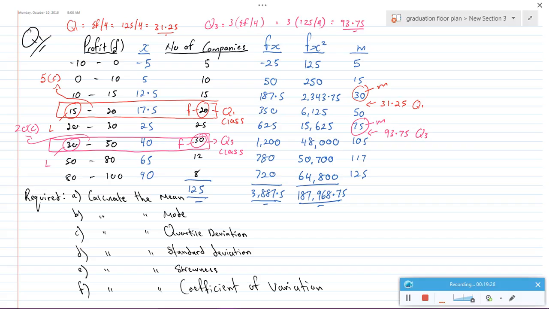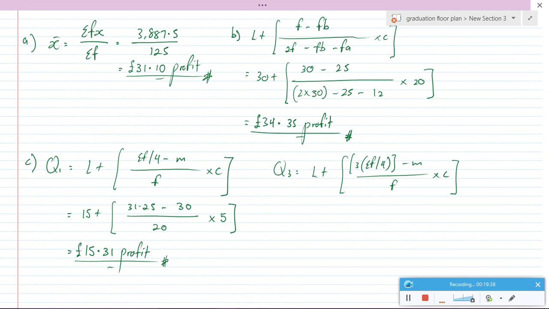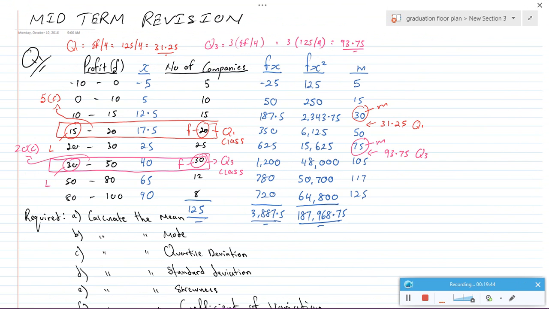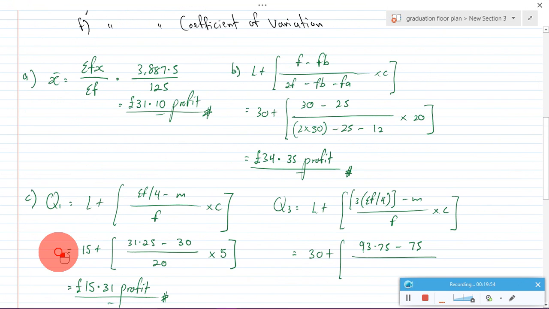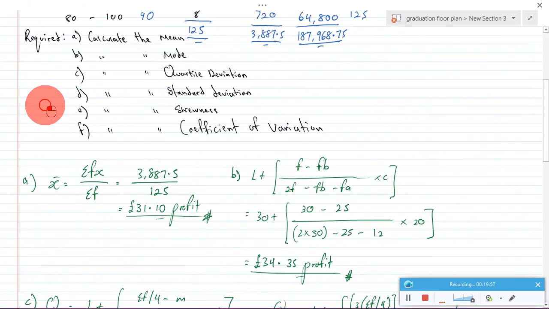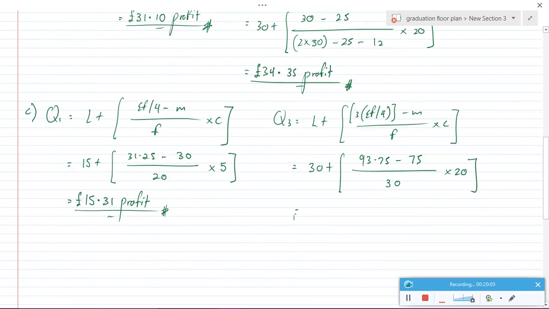So next is standard deviation, part D. Do we need to do any working for standard deviation? No need, we already did all the workings before we start the question.